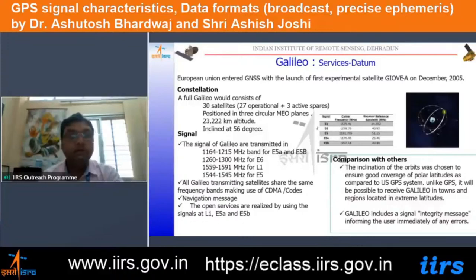So different combinations can be used for interoperability of the systems. Galileo has about 30 satellites, 27 operational and 3 spare, using 3 circular medium Earth orbits. These Galileo satellites are stationed at about 23,222 kilometers at an inclination of 55 degrees.